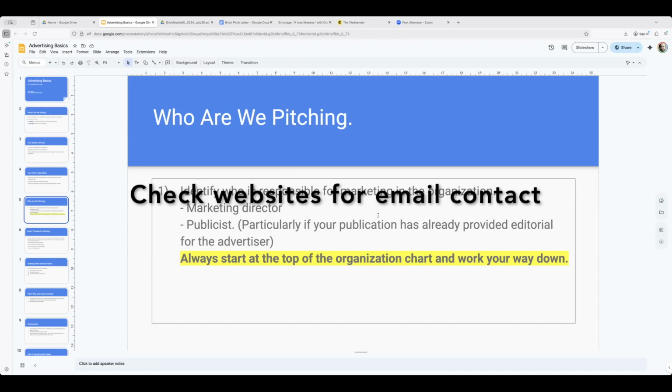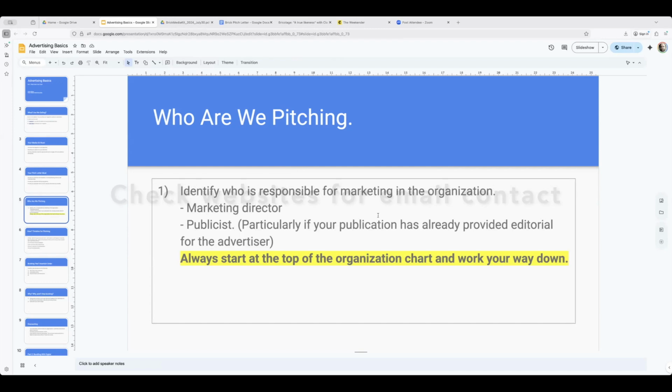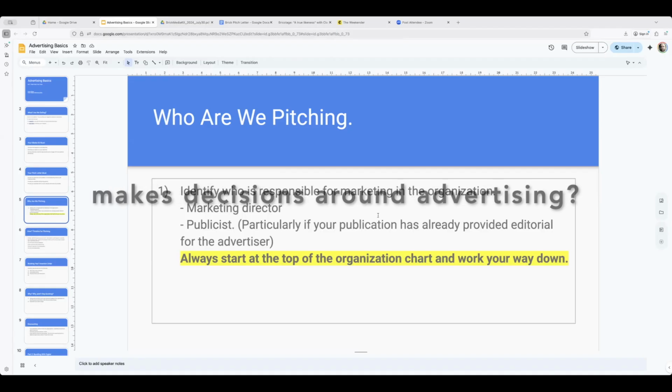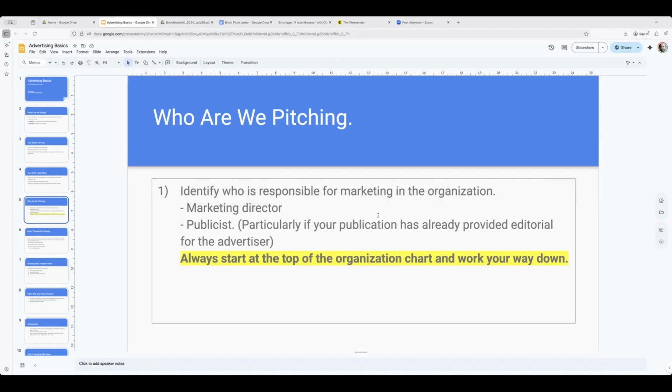Often these people will be listed on a website, but you also want to think about just calling an organization and saying to somebody, hey, who in your organization makes decisions around advertising? Quite often when you call folks to ask them, they'll tell you right away. It's not some great secret. It's often not on a website to spare those people's inboxes.